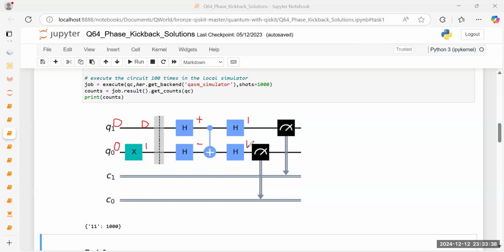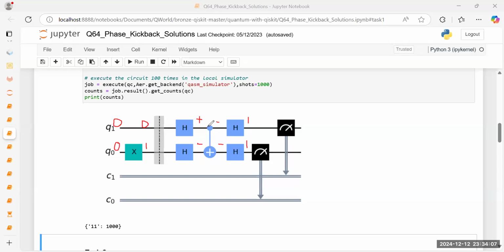So if we look closely, we had 0, 1 at this point, and we applied a couple of gates where a controlled NOT operator was included. And at the end, we have 1, 1. So in fact, what happens here is that when we apply the controlled NOT operator, we end up with minus minus here. And then when we apply HH, we get 1, 1.